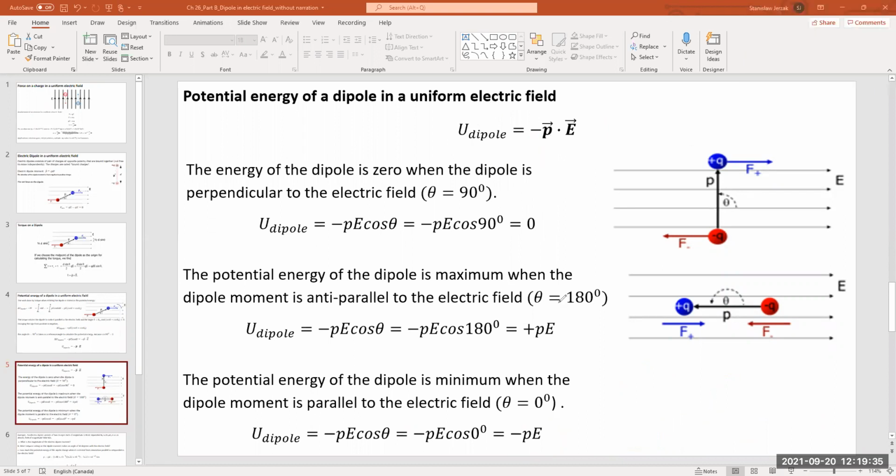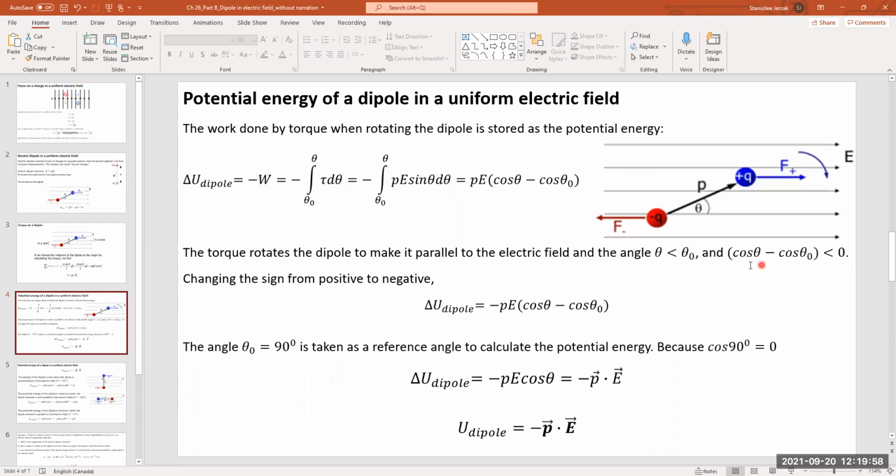I have a question about the dipole energy, because from the previous slide we had the expression with the difference in the cosines, cos theta minus cos theta naught. But because we take theta naught to be 90 degrees as the reference angle, we have that expression.